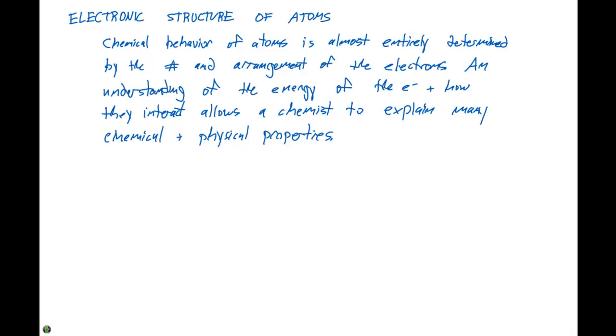So what we have to do is get a background for how these electrons are going to behave inside of an atom. Before we dig into that, we need to talk about something called electromagnetic radiation.